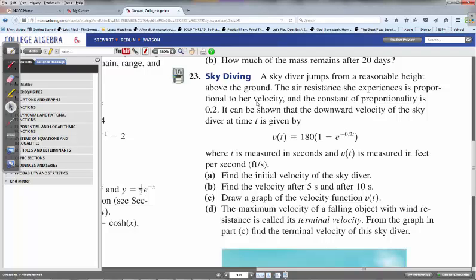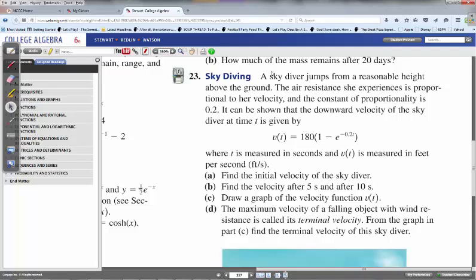It can be shown that the downward velocity of the skydiver at time t is given by this. Notice all of this information just built this equation, but we haven't really talked about how. Well, we'll learn how to build this type of thing in 4.6. Right now, they're just giving you all the given information that would have been needed to actually build this.